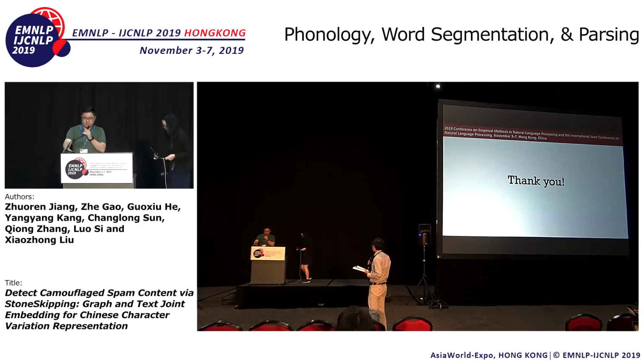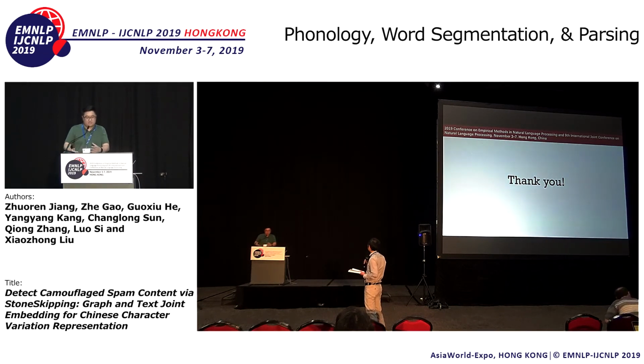Yes, that's a very good question. Actually, in our task, the traditional pre-trained model cannot address this problem because the spammers try to create new, unseen combinations of text. So the pre-trained models cannot cover this kind of knowledge. But the graph can provide this kind of knowledge because in the graph, there is only the similarity between the characters.